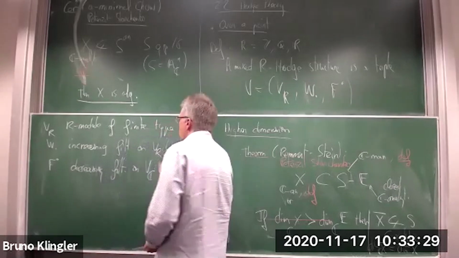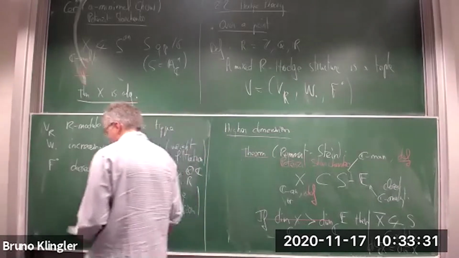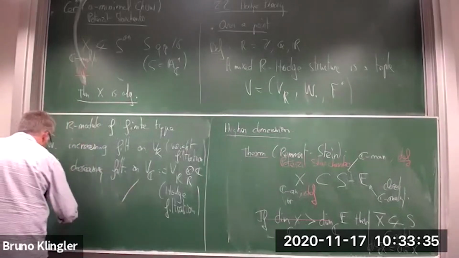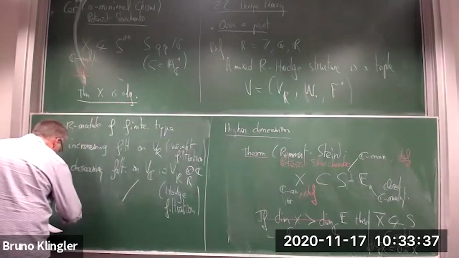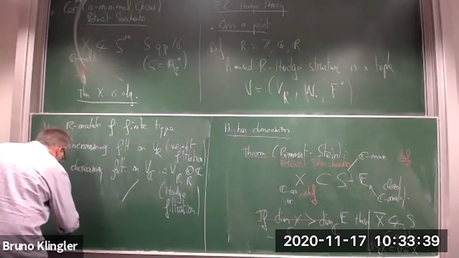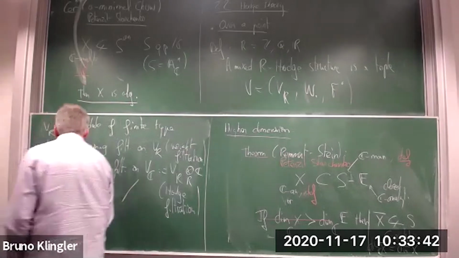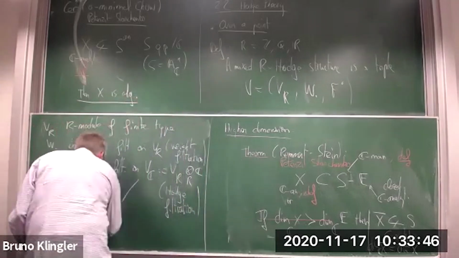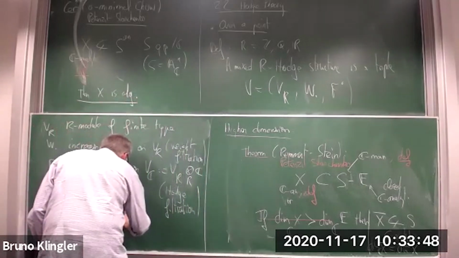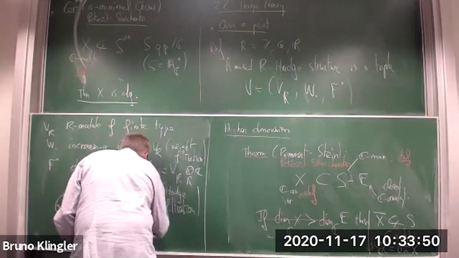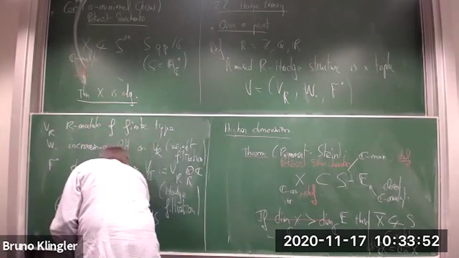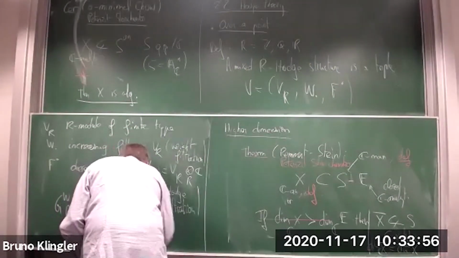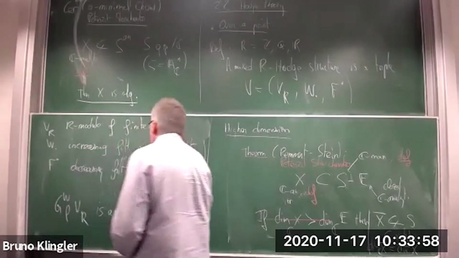So now, what are the requirements on those data? Well, such that when you take the Gr with respect to the weight filtration, so this is Gr_L^W of V_R, this is an R-module of finite type, and I can add that this is a pure R Hodge structure of weight L. What is such a thing?